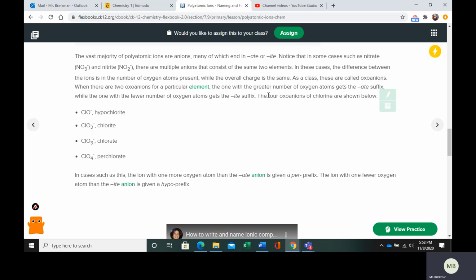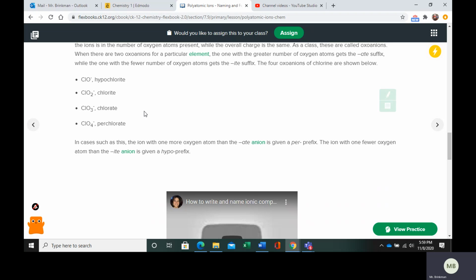So there's a different case when we have 4 oxoanions. It's going to be a little different because you have one with the most and one with the least, but then you have in-betweens. So first of all, we name the chlorite and the chlorate.